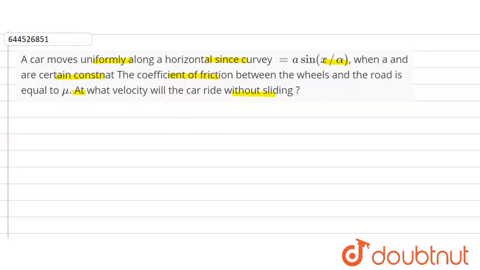Since the car follows a curve, the maximum velocity at which it can ride without sliding is at the point of maximum curvature, that is, minimum radius of curvature.